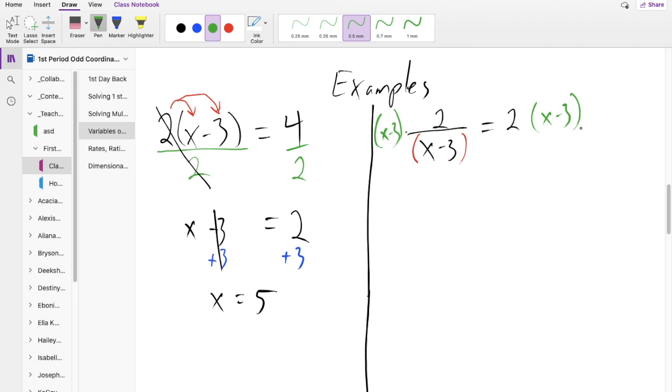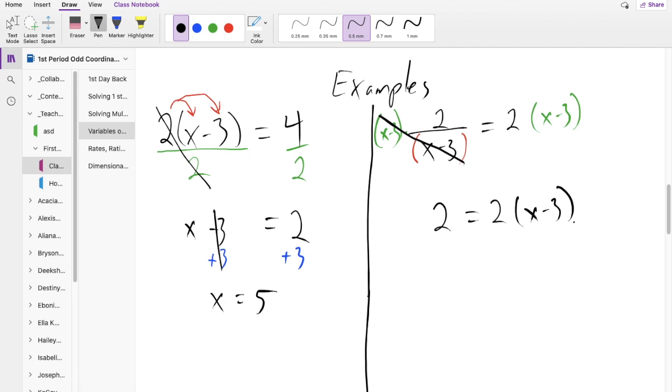So anything divided by itself is always 1. So on our left side, this x minus 3 and this x minus 3 are actually going to cancel. So I'm left with a 2 equals a 2 times the quantity x minus 3. So anytime you have a variable in the denominator, you're actually going to need to multiply it to get it onto the other side, because we only solve for things that are in the numerator.